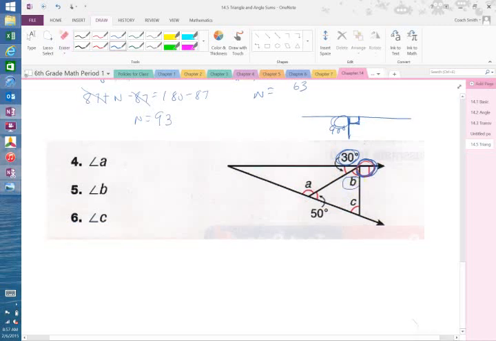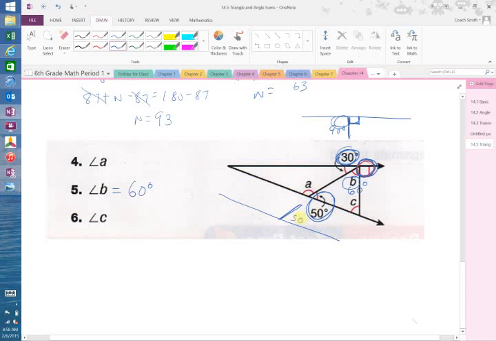Then what does B have to be? Staley, 60 degrees. B has to be 60 degrees. Okay? Now, so that answers number 5. So I'm sort of going in a different order here. Okay? So if this is 30, and this right here is 50, isn't that just a straight line that's being intersected by another line?